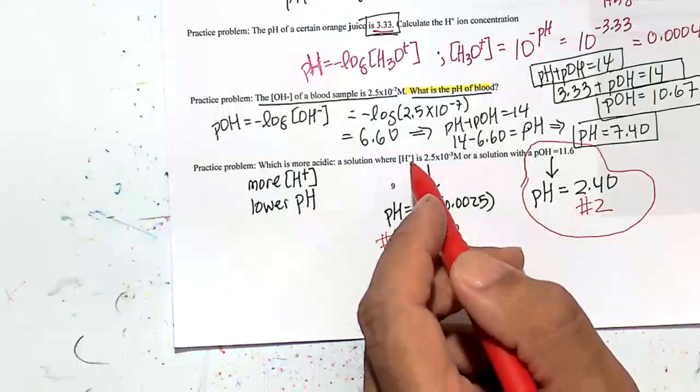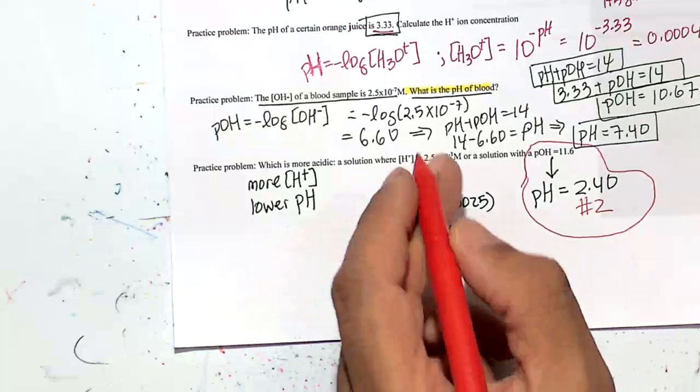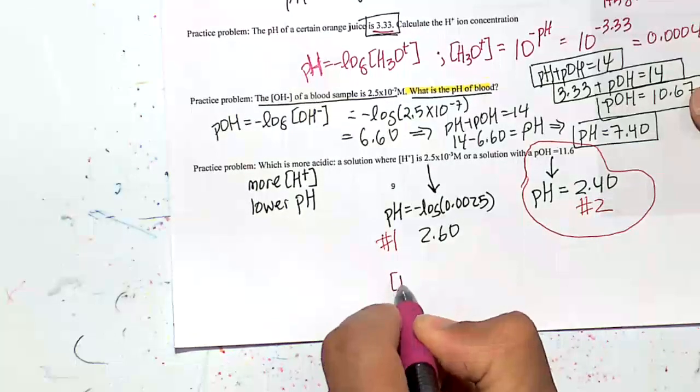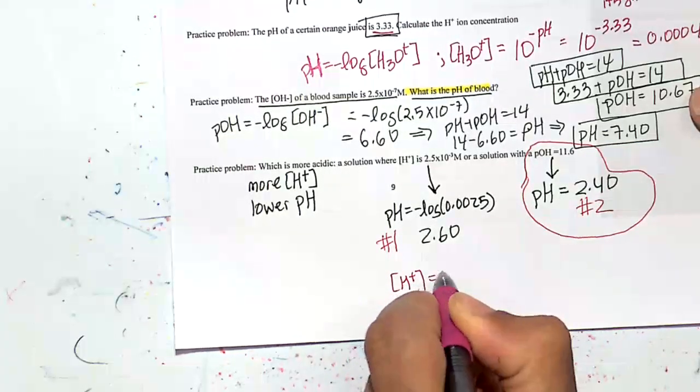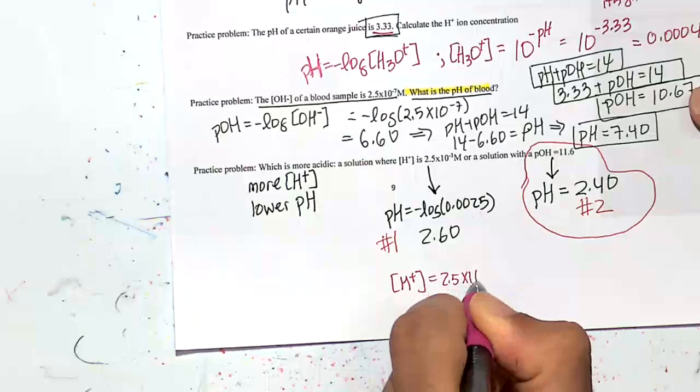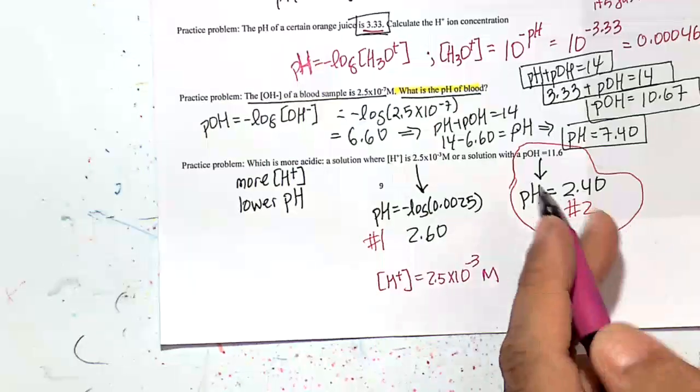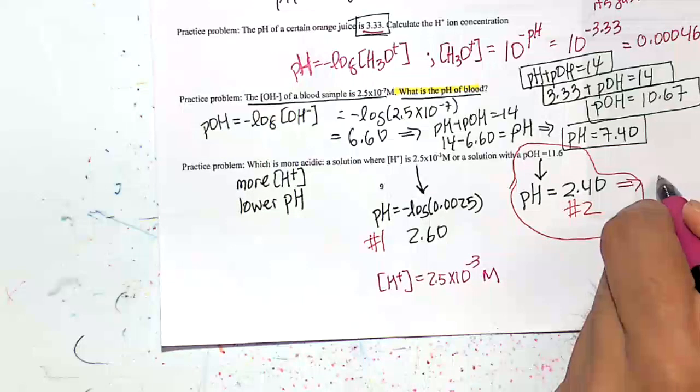Another way you can do it is you can straight up calculate the H plus concentration. The H plus concentration for this is 2.5 times 10 to the minus 3 molar. What's the H plus concentration for this one?